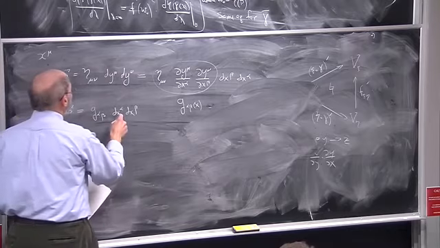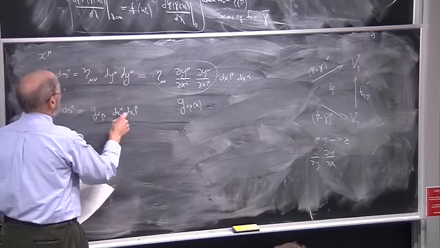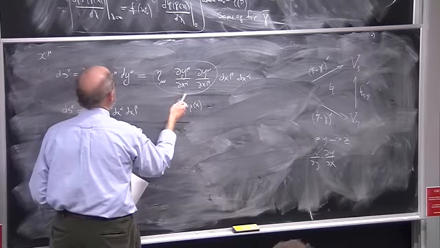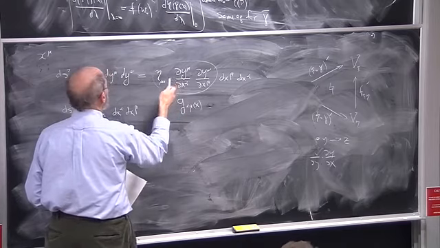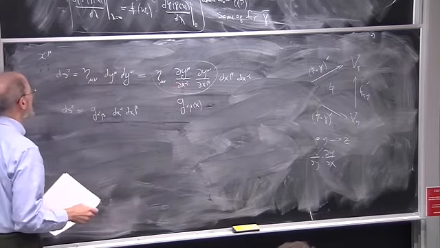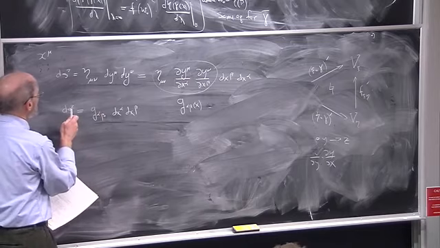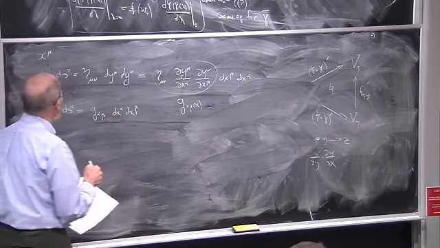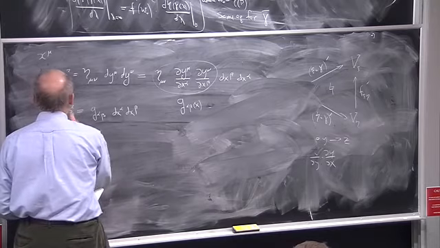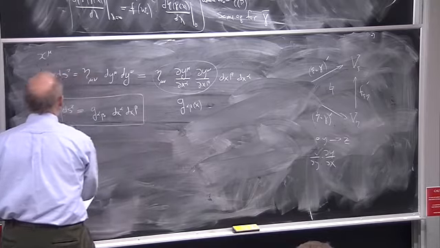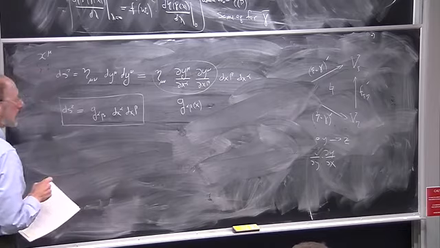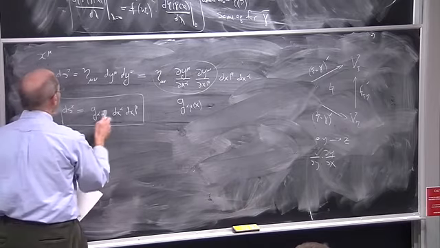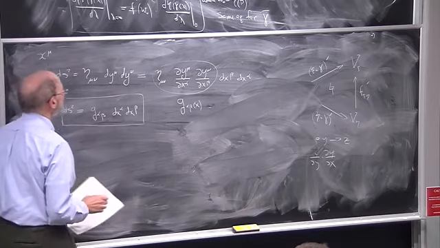But now there was nothing special about that point. I could have done this at any point. At any point in the manifold, I could make the same argument and learn that the line element must take this form at that point in the manifold. Therefore, we can say that in general, the line element throughout the whole domain of any coordinate chart must take this form, where this is just some matrix.